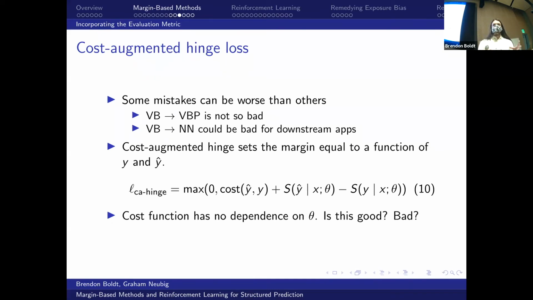Differentiability is a pretty big ask; it's kind of hard to make certain things differentiable. And so this frees us to use some sequence level metrics. But on the other hand, when it's not parameterized, when theta isn't involved, the gradient isn't as informative. In fact, if we didn't still have these score functions, the s of y hat and the s of y, we wouldn't be able to backpropagate through this at all.